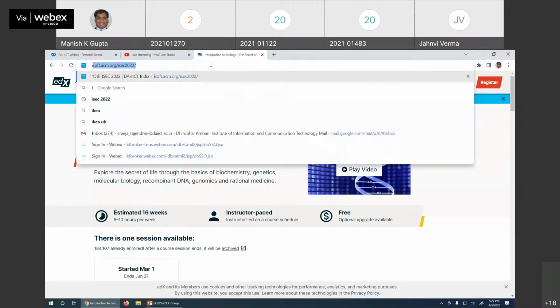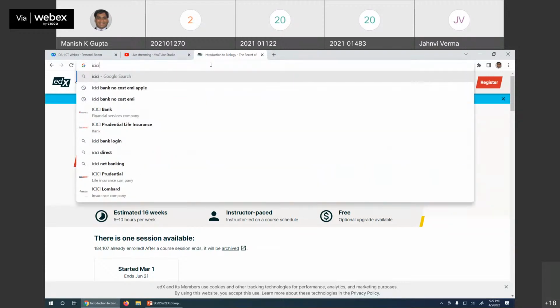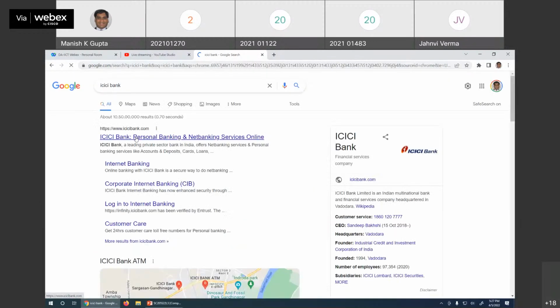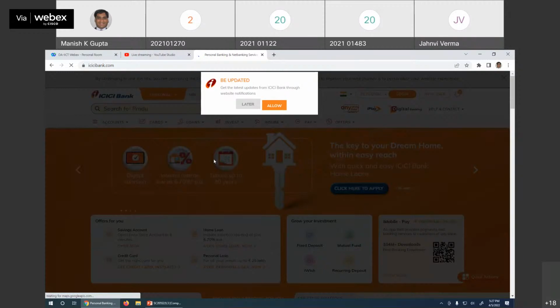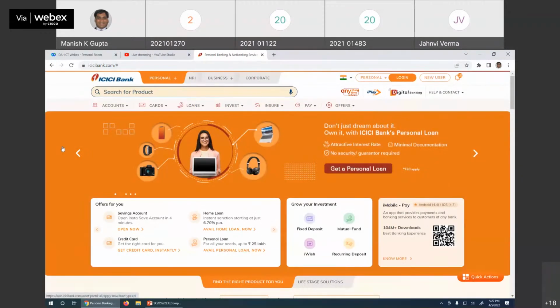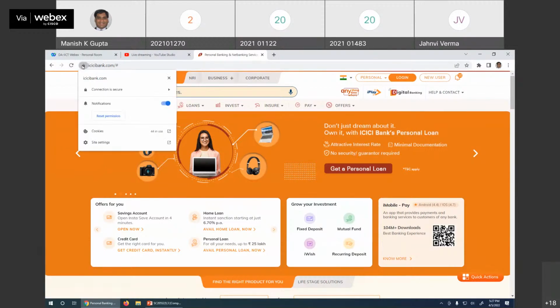Okay, you go to ICICI Bank. I have a bank account in ICICI Bank, right? You can go to your own one. Now on the website, you see a little lock here, right? What is that lock? Secured is fine. But what is the beauty? What is the mathematics? The beauty of the lock is, I will show you.